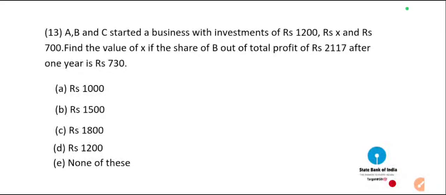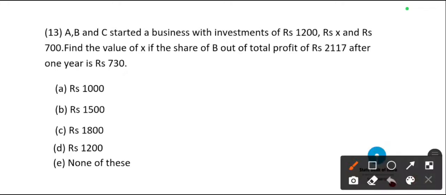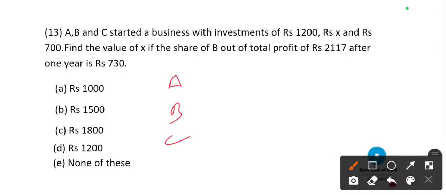A, B, C started a business with investments of rupees 1200, x and 700 rupees. Find the value of x, if after 1 year B's share out of the total profit of 2117 is 730.